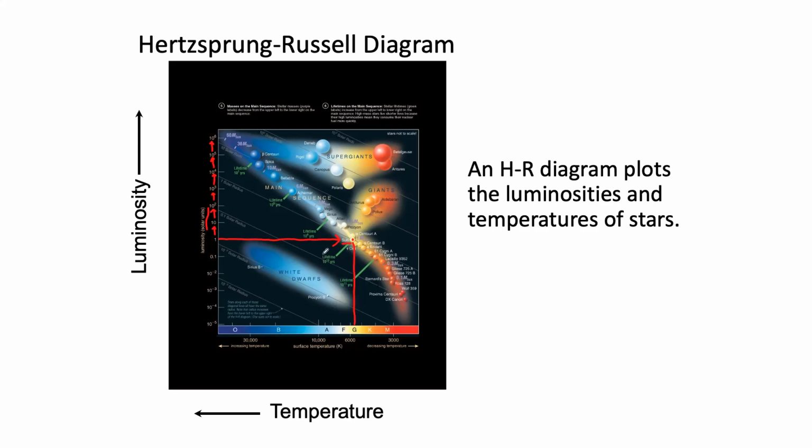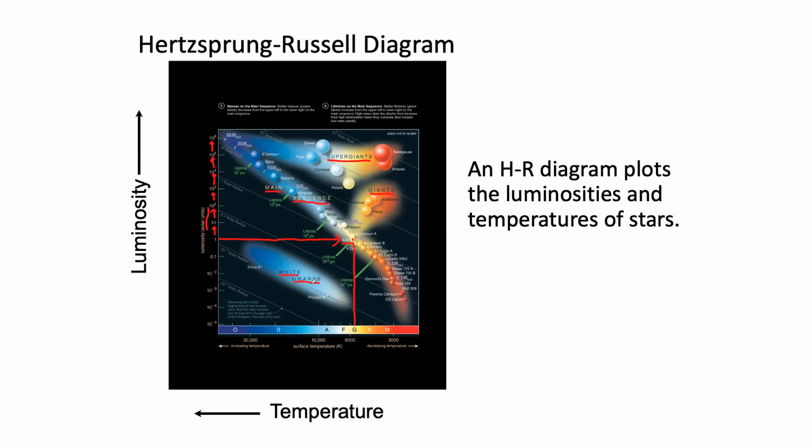We have different sections on this diagram, on this chart. So the first one that we're going to be looking at is this section here called the main sequence. We also have a section referred to as giants, supergiants, and white dwarfs.